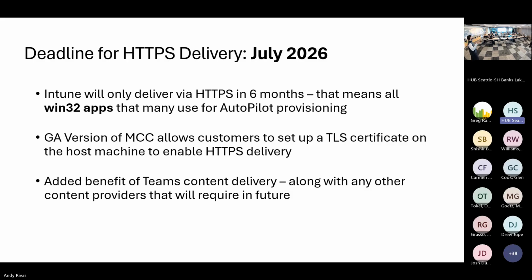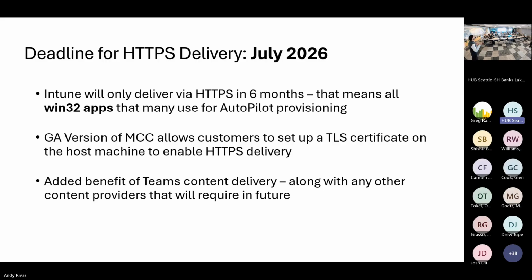So putting a certificate up there is a little more complicated than it usually is. Right now, if you have MCC, it'll deliver via HTTP, but as of our GA version, which released last year, you now have a way to set up a TLS certificate on your machine to deliver via HTTPS.